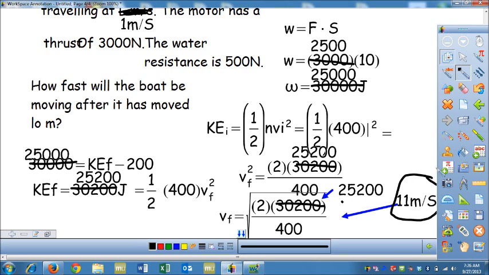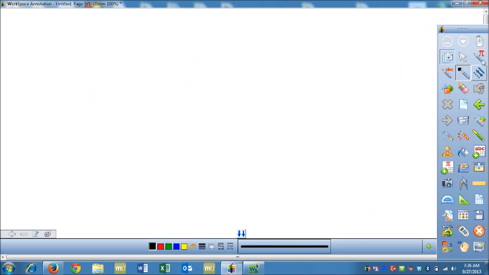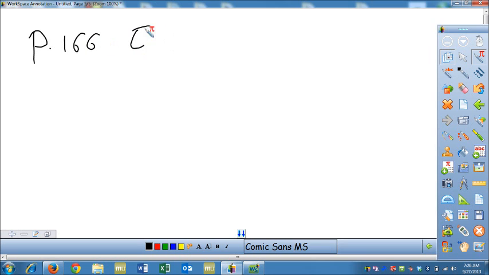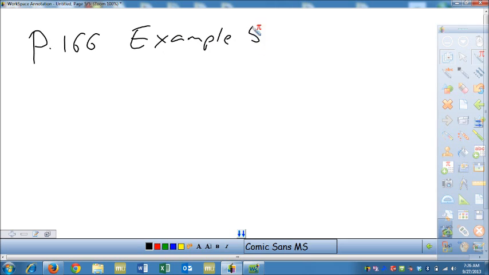And now we're going to move on to example 5, which looks like it is on page 166. Okay, so let's see. Page 166, example 5.